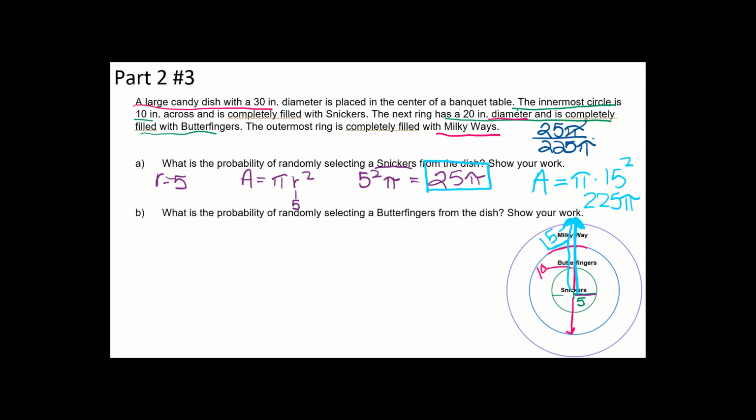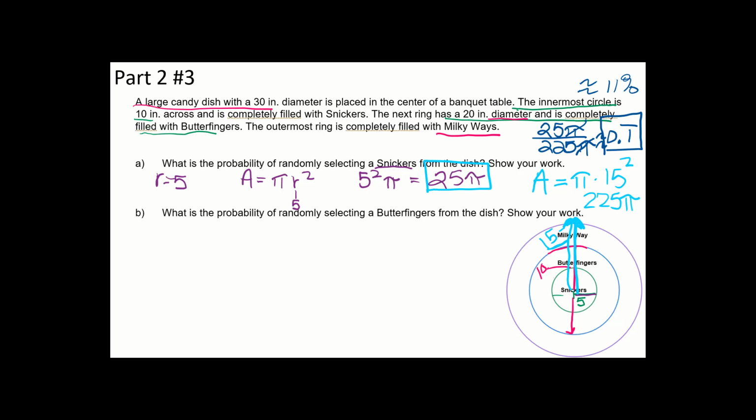The pi's cancel out. 25 divided by 225 is equal to 0.111 repeating. I'll write it like this, 0.1 repeating. Or we can write it as 11%. Okay? So that's the answer for A.